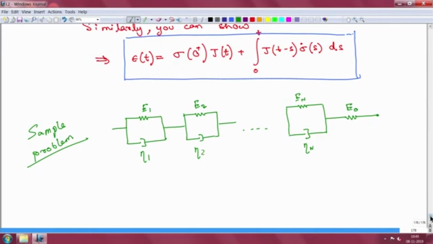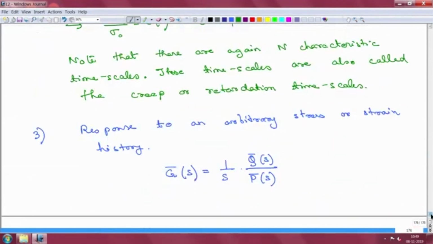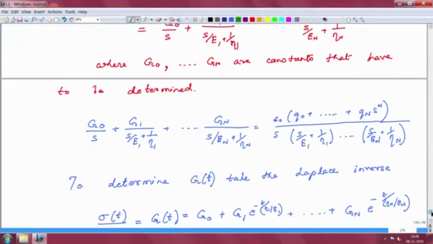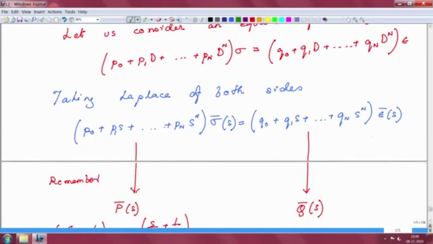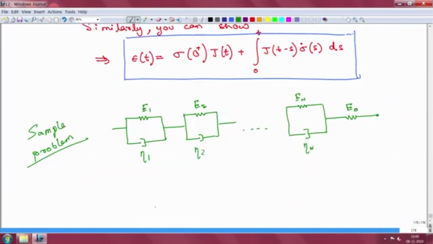So, the only thing I am trying to do is, we had shown that this particular form we had gotten from the Maxwell models in parallel, right. So, what happens if we put a lot of Kelvin-Voigt models and one spring in series like this.